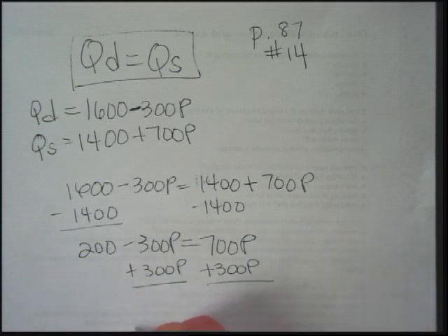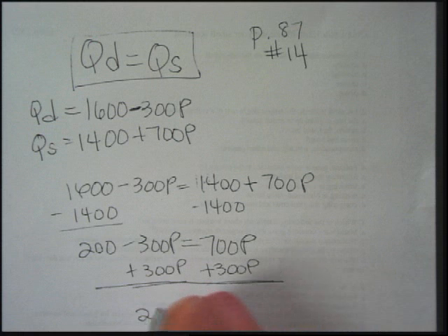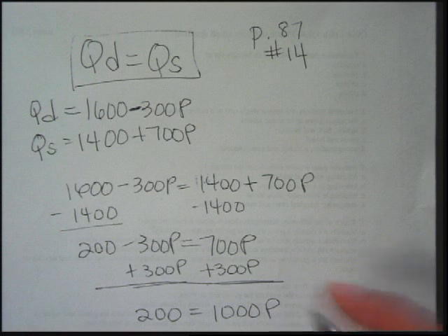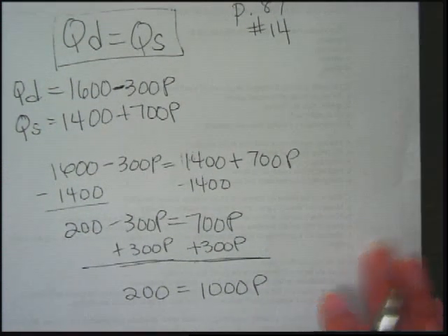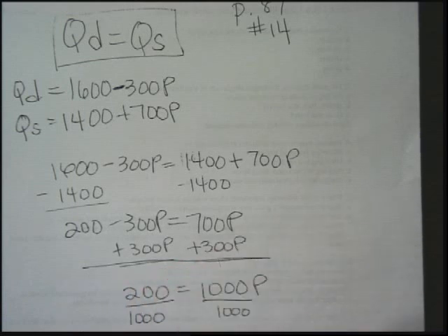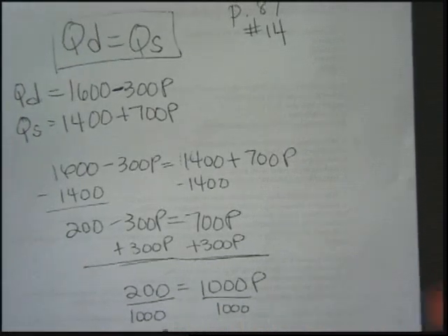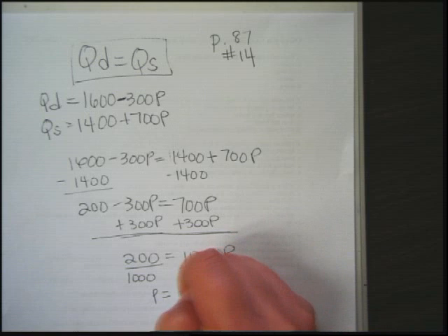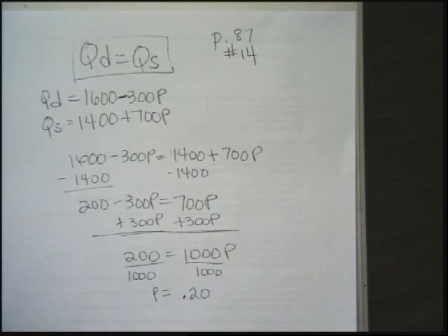So that is just one line there. Then to solve for p, we divide by 1,000. P is going to be equal to what? 0.2. Yeah, 0.2. So 20 cents.